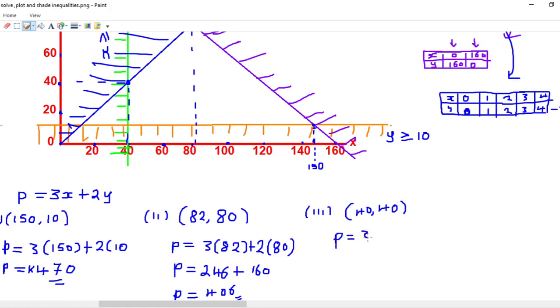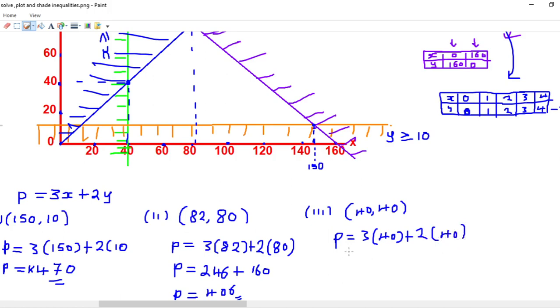Now if we do that, we're going to have 3 multiplied by 40, plus again you have 2 multiplied by 40. So see what you are going to get.